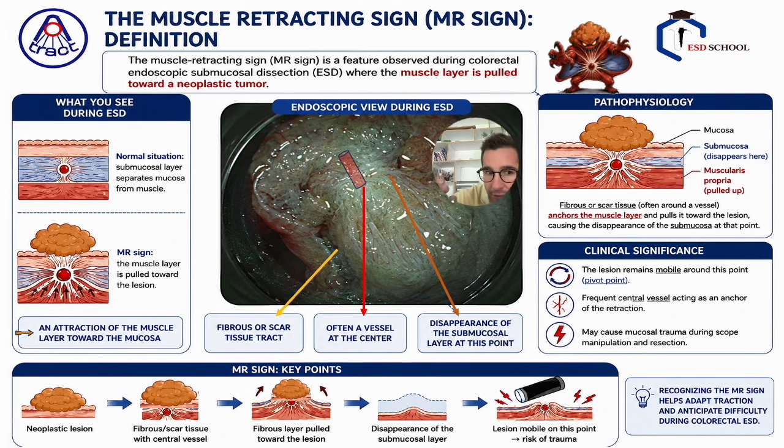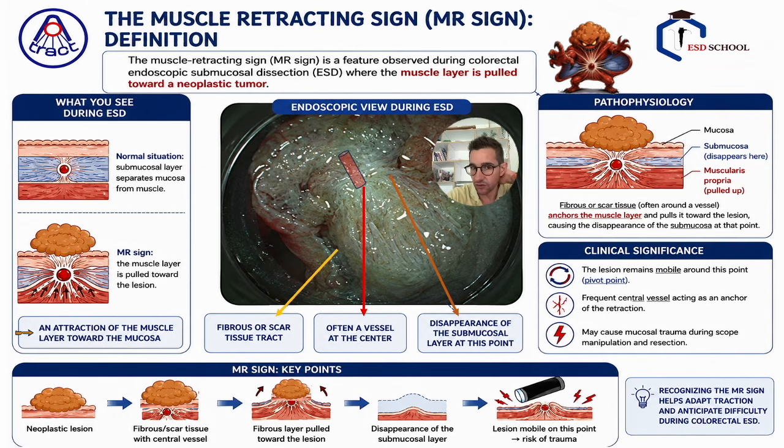Probably, when it is not a very deep invasive cancer, you have a very large, very nodular lesion, which is fed by a large vessel in the middle. This large vessel is a kind of tutor, a kind of structure around which the nodule is organized.